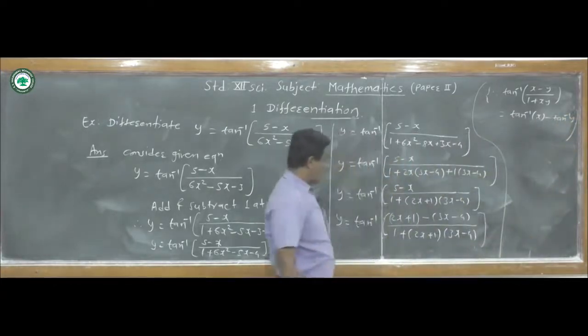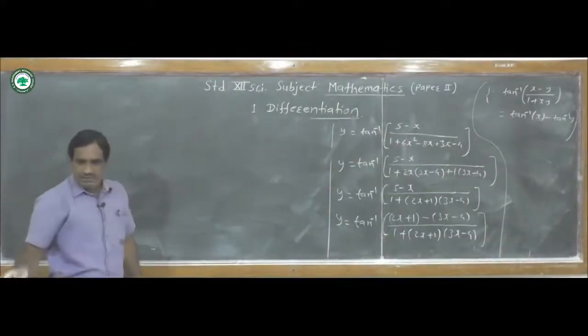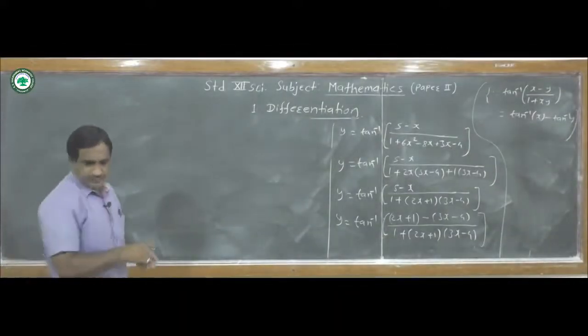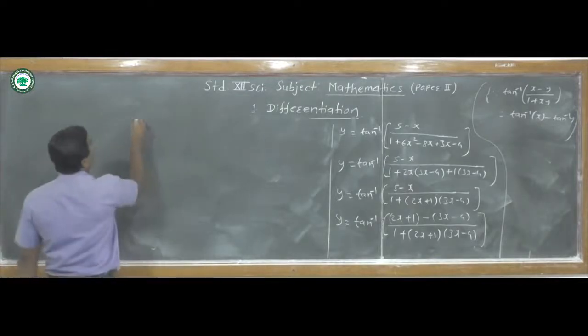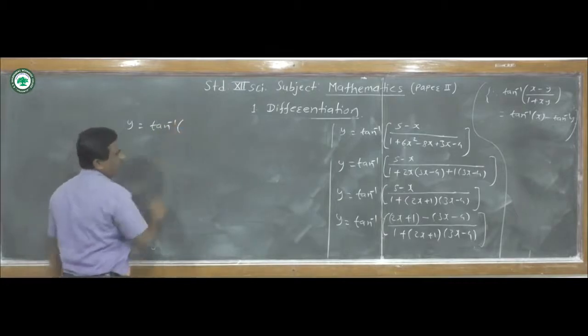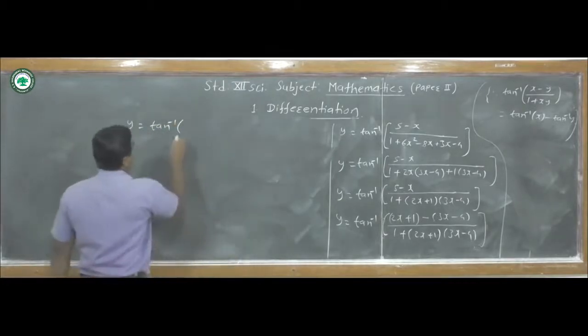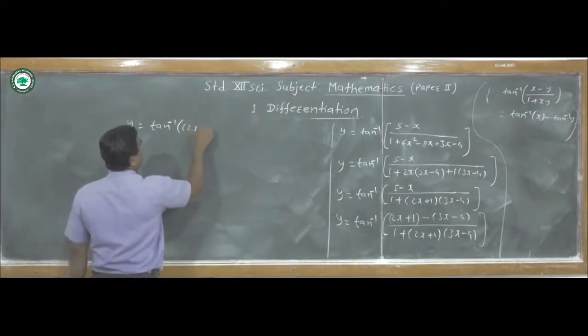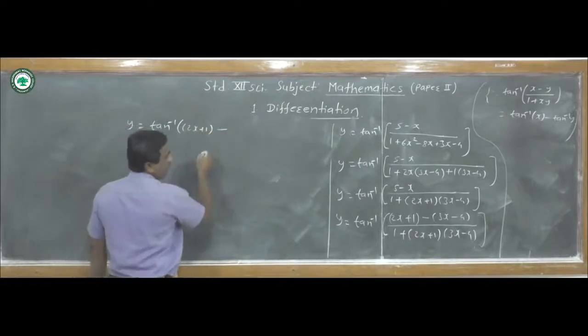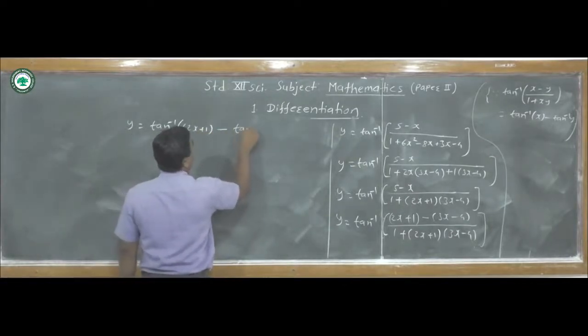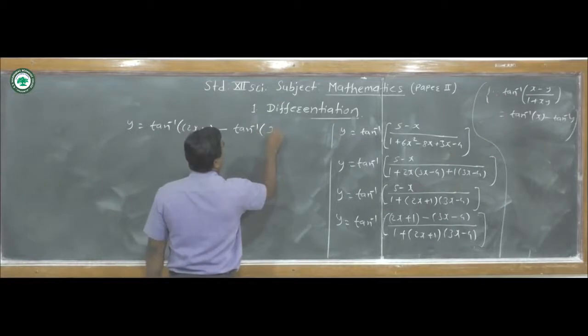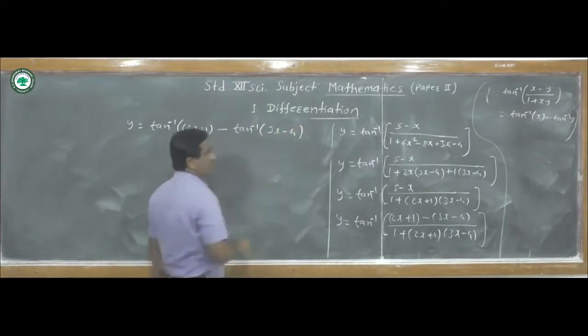Okay, using this formula we can write here y is equal to tan inverse of (2x plus 1) minus tan inverse of (3x minus 4).